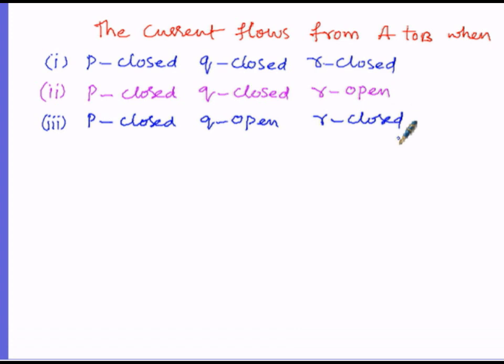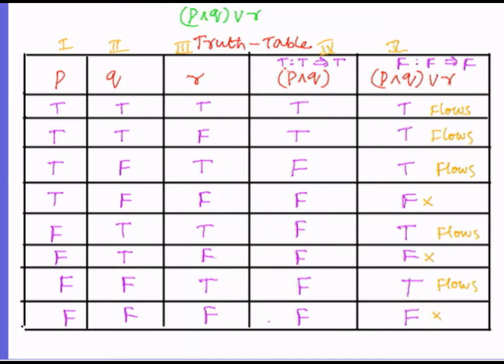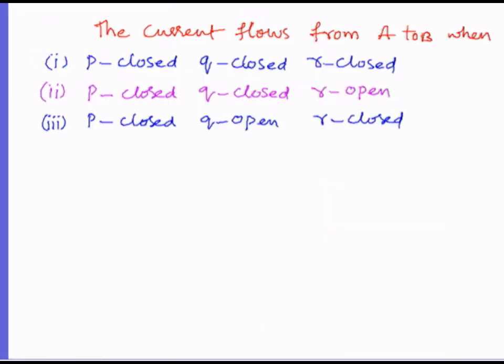And as per the truth table, the current flows in the fifth case, that is P must be open and the remaining 2 switches must be closed. So in the fifth case P must be open, Q is closed and R is also closed.